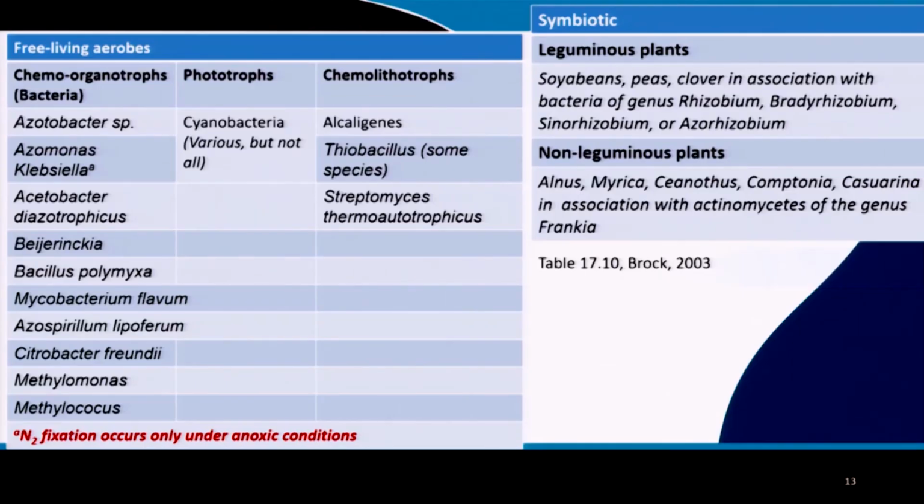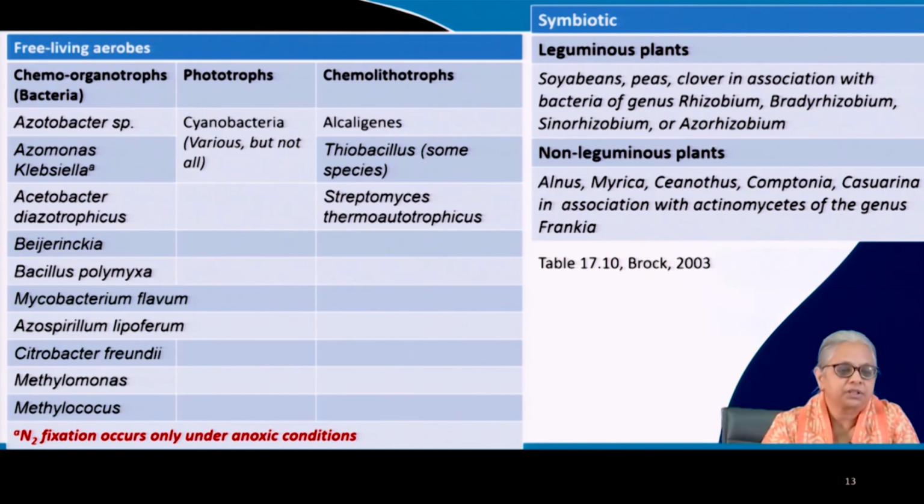So, in this slide and in the next, I have quite a few examples from the textbook of different types of species that are responsible for nitrogen fixation. So, we have some free living aerobic species of bacteria, and within them we have chemoorganotrophs, phototrophs and chemolithotrophs.